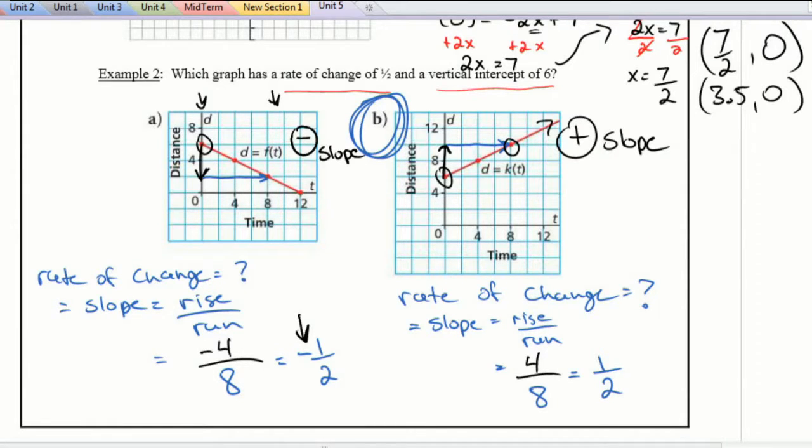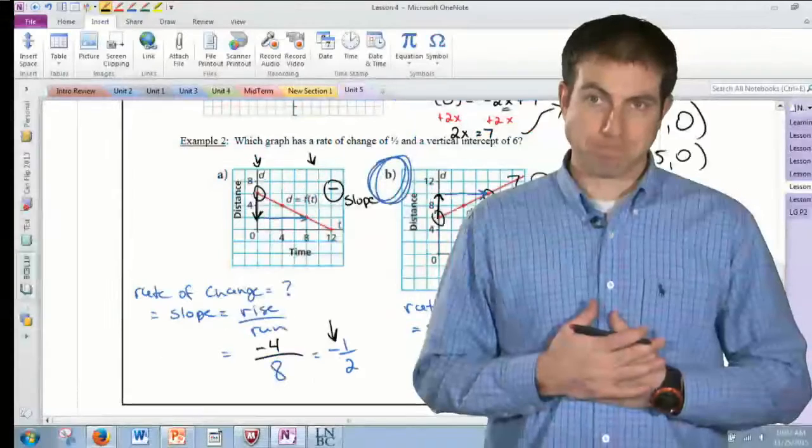Because I had to go down, it was a negative slope, so that automatically excluded A because the slope in the question was positive. So the more of these examples you look at, the more you'll kind of see negative slope, positive slopes, and things along those lines.